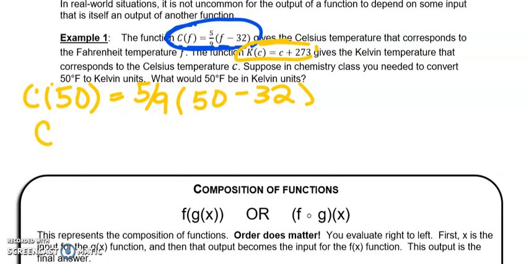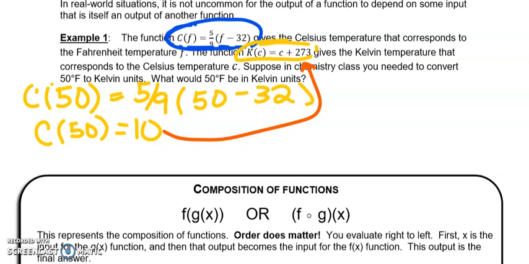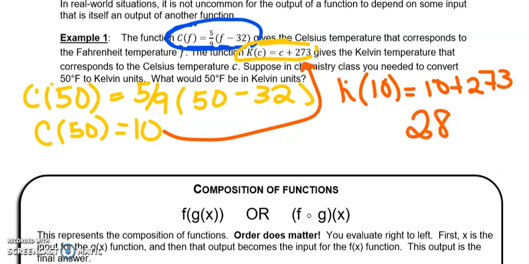So now C of 50 is 10. So now I can take that and plug that number into this one. So K of C, so that's 10 now, is going to be 10 plus 273. So we end up with 283 Kelvin. Okay? So as we go through, you'll see it just changes just a little bit.